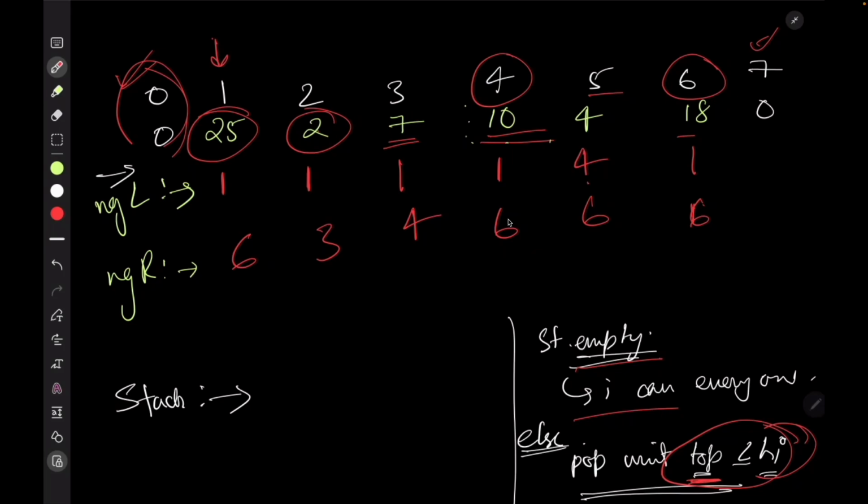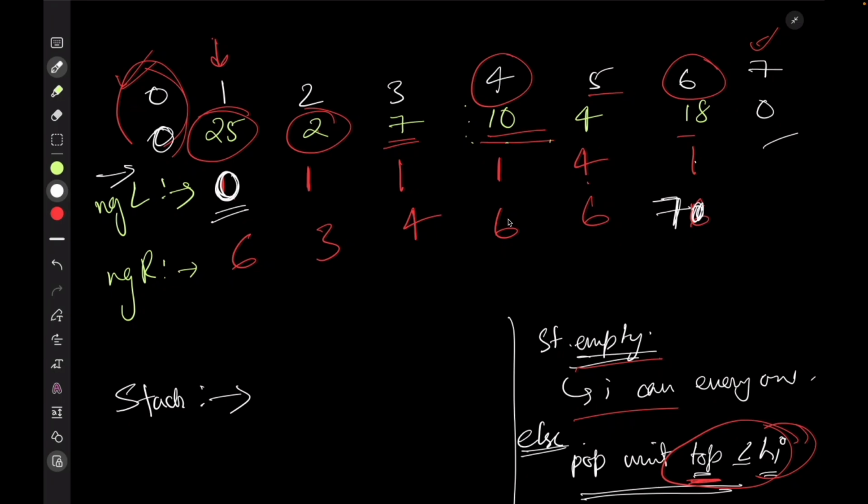So we will assign it index 0 instead of index 1. Similarly, for the right we will assign index 7. The next greater right for the rightmost element will be 0. Now we have calculated the next greater left and right very efficiently.